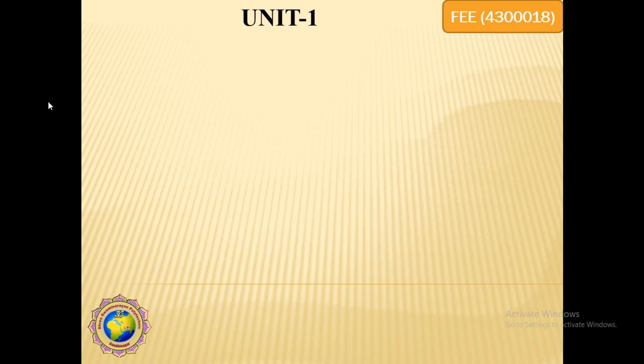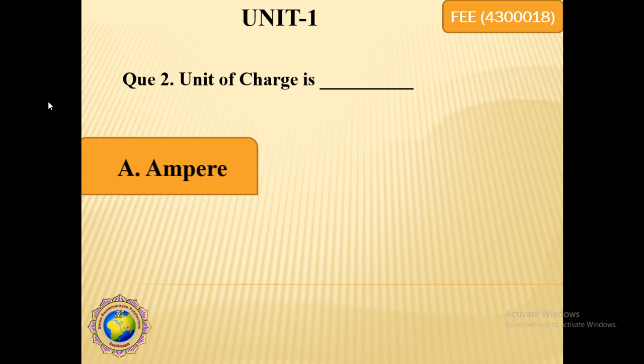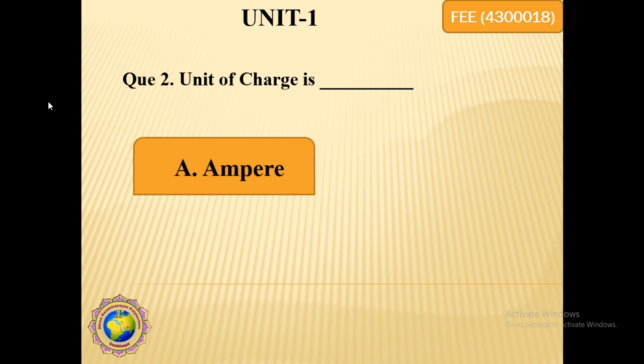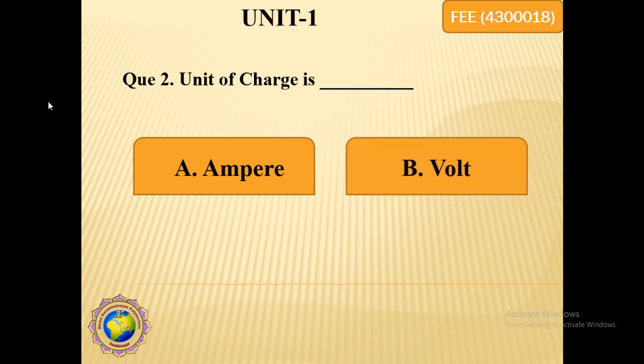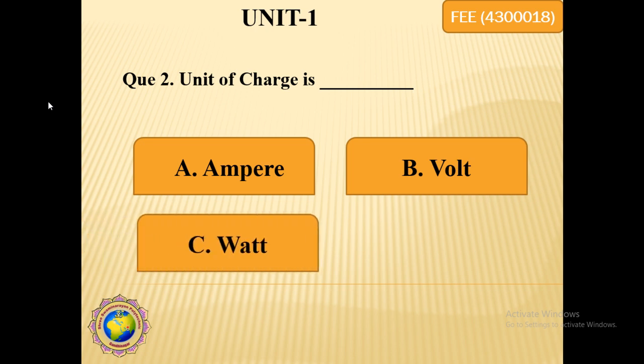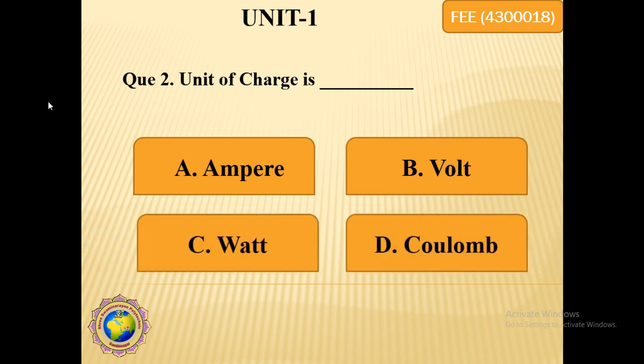Now question number 2. Unit of charge is, and the options are A ampere, B volt, C watt and D coulomb.